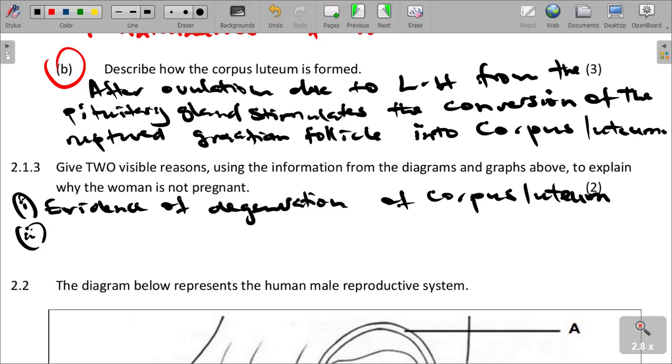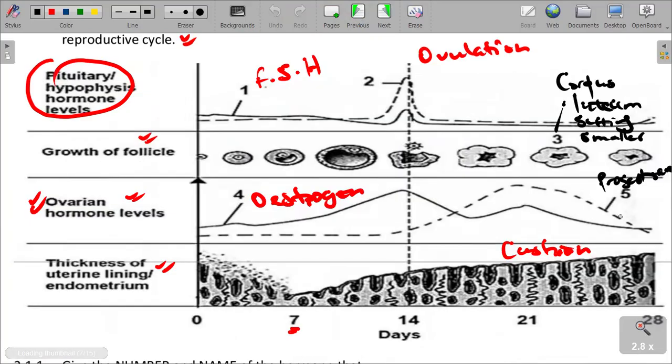And then we can also see the decrease of progesterone hormone. This graph, which I am showing here, must not turn down, it must keep on going up. That would represent that the woman is pregnant, but she is not pregnant because it is falling from day 21.